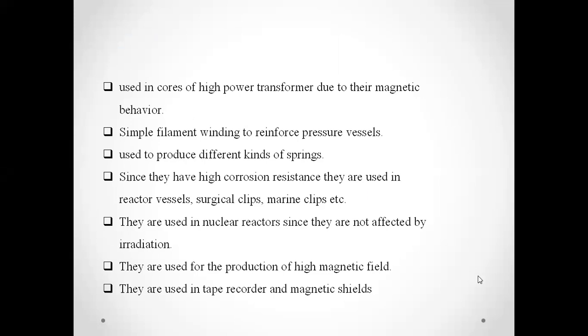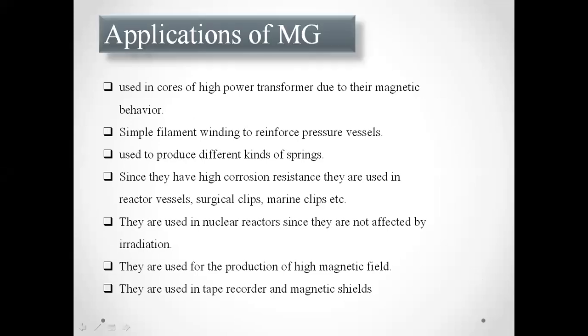Okay. So we will see some of the applications for metallic glasses. As I said before, as they are soft magnetic materials, they are used as cores for high power transformers.